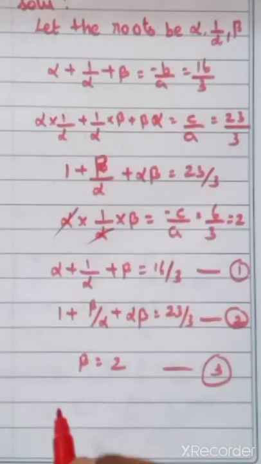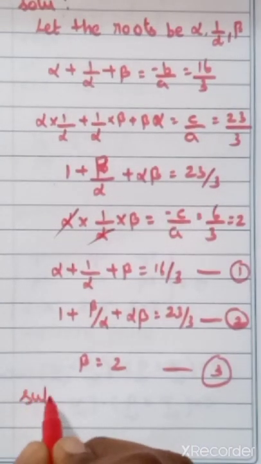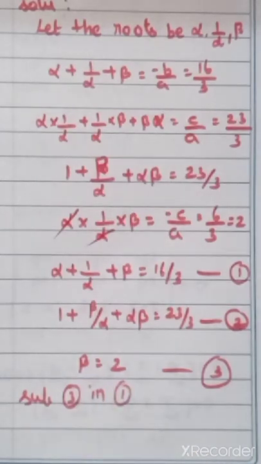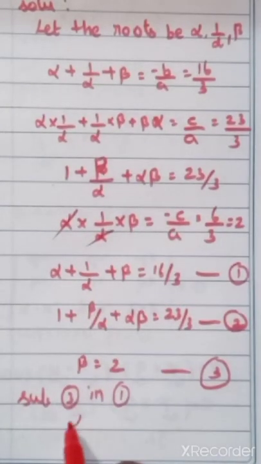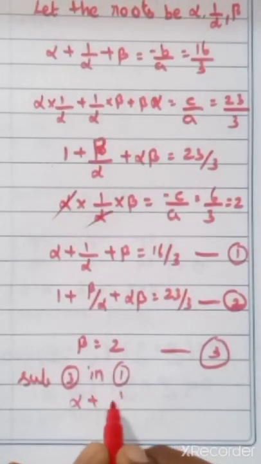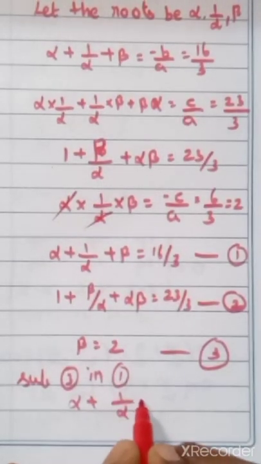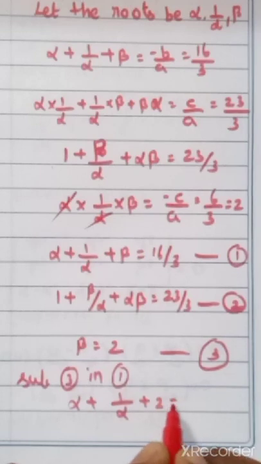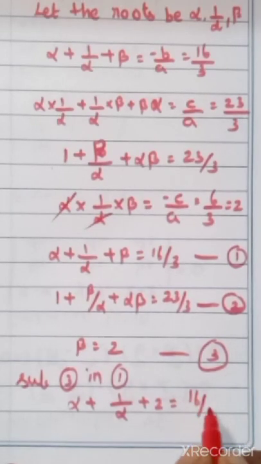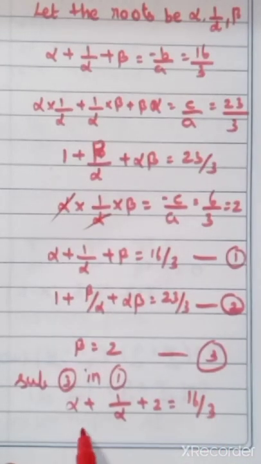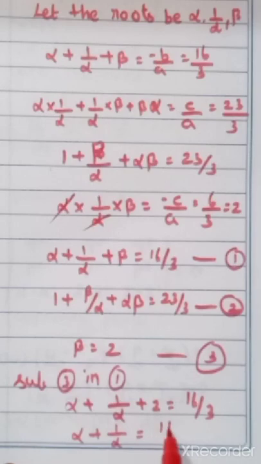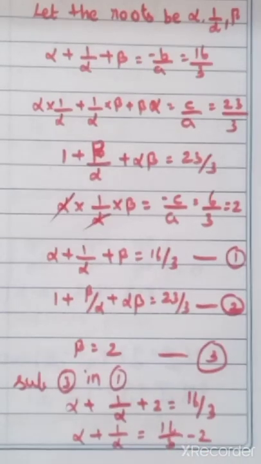Yes. So enna pannalam, substitute 3 in 1. Okay va? அப்ப இது என்னவா மாறும்? Alpha plus 1 by alpha, beta oda value 2 plus 2 equal to what is that? 16 by 3. இதை simplify பண்ண போறோம். So alpha plus 1 by alpha equal to 16 by 3 minus 2.